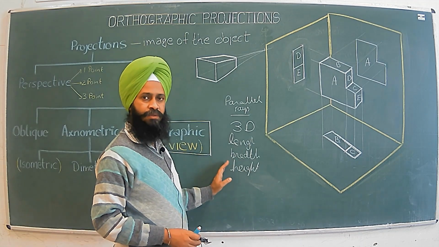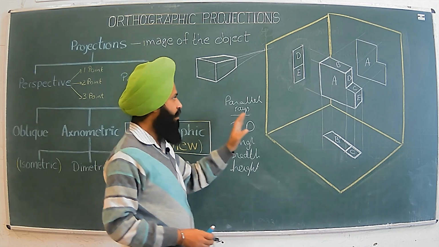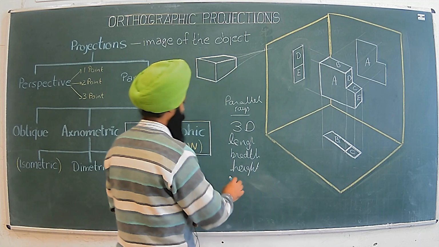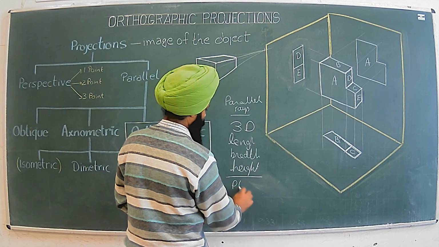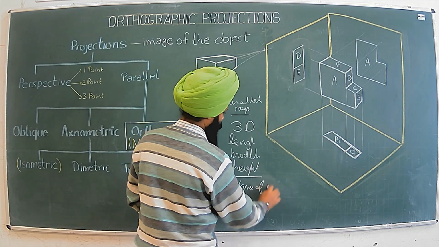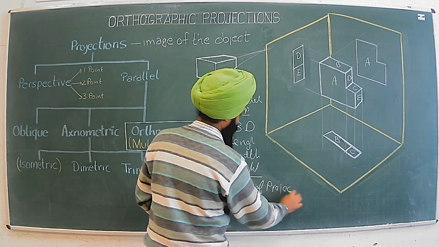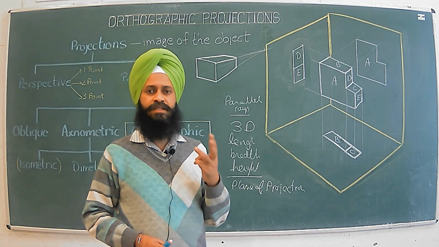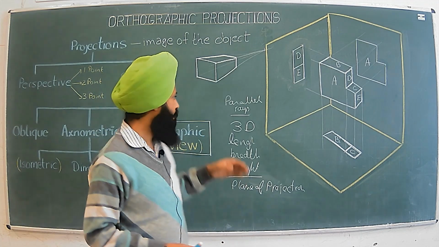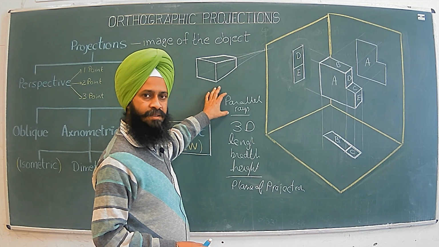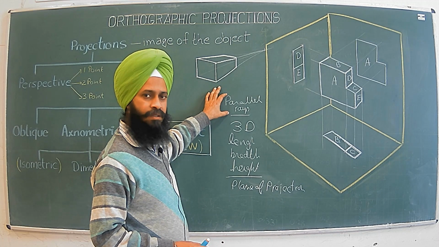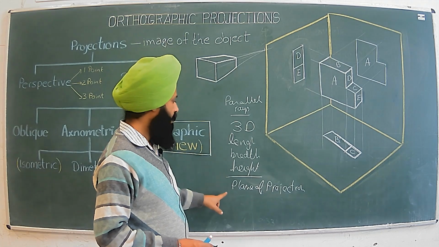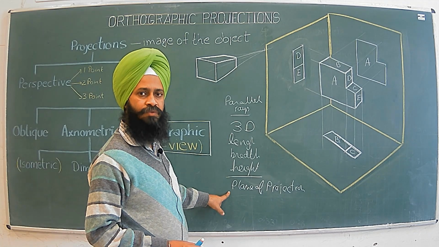We have a 3D object, we have rays, and next we have a plane on which we want to draw its projection. So in total we require three things for orthographic projection: parallel rays which form the image of the object with all its length, breadth and height, the object itself, and then a plane on which we form the image.